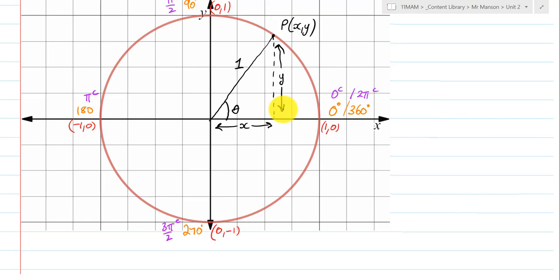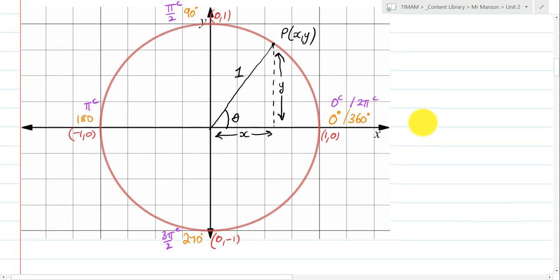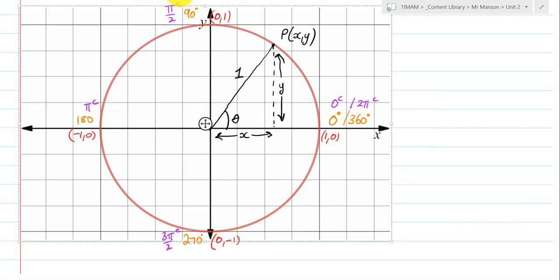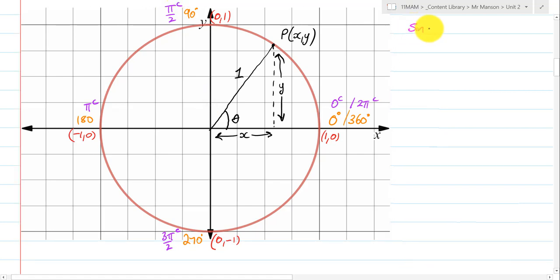So I want to ask you, given that we know the hypotenuse is 1, the opposite side is y, and the adjacent is x, somebody who hasn't answered a question yet, I would like to know what sine of theta is equal to.